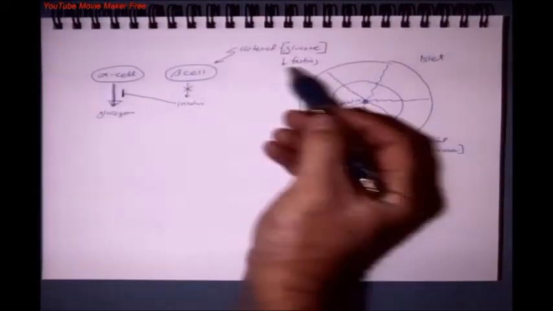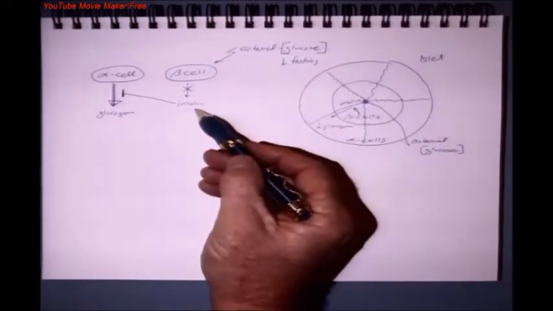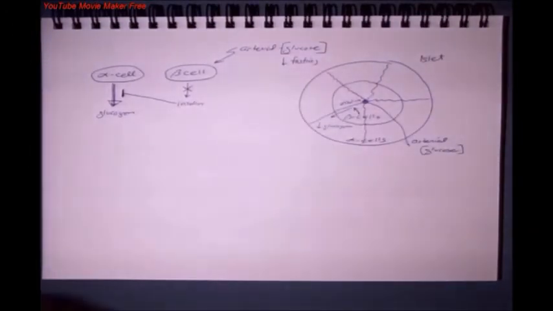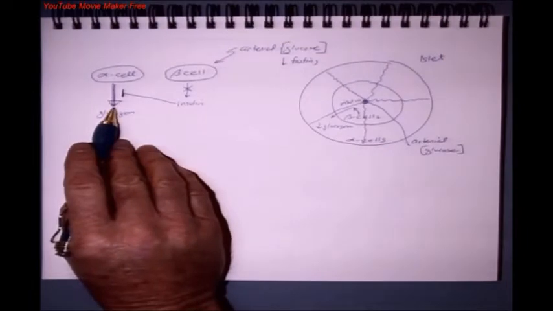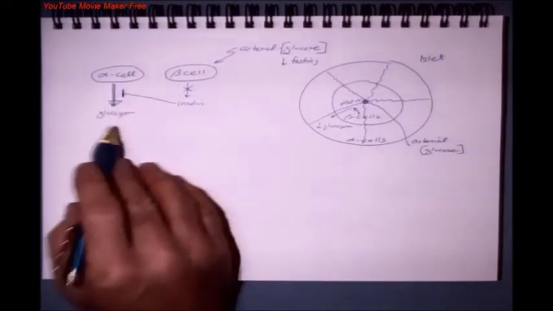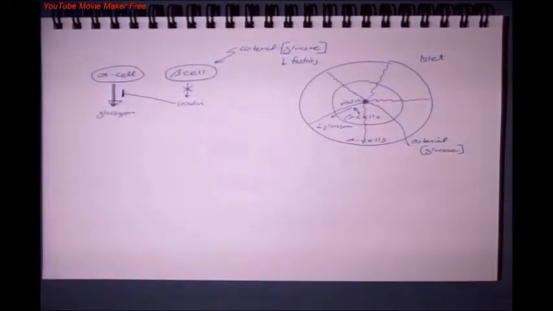So as we enter the fasting state, insulin levels decline, the inhibition of glucagon is relieved, and now glucagon secretion can continue and raise those glucagon levels to fasting levels.